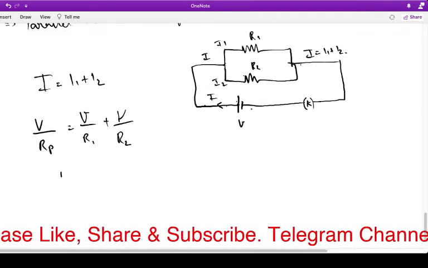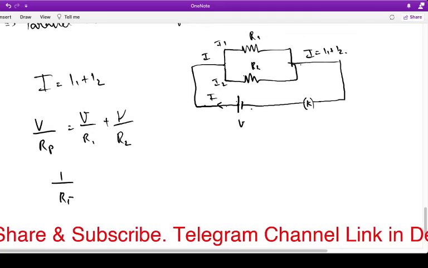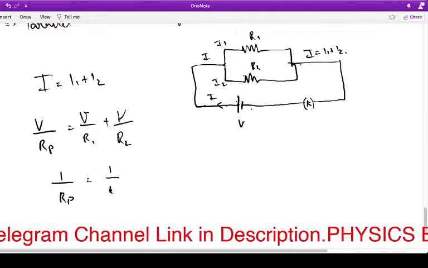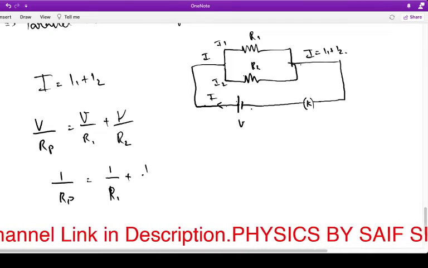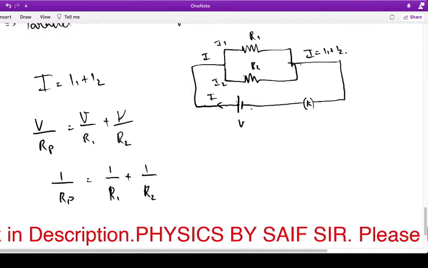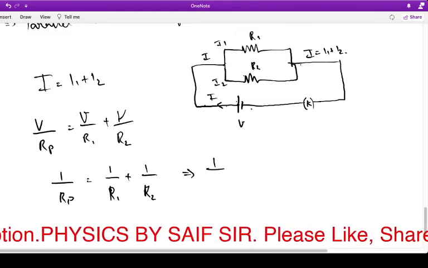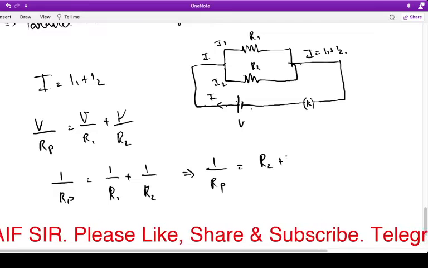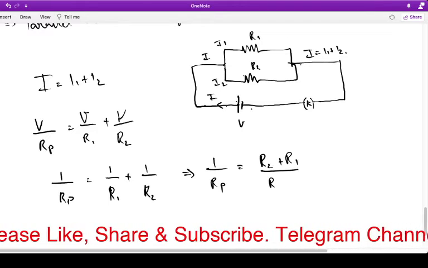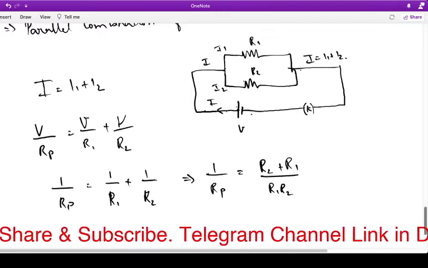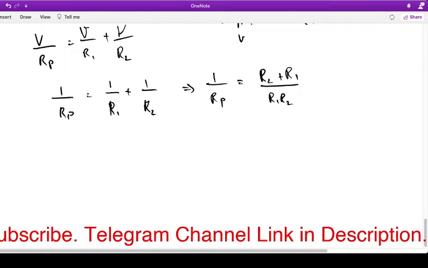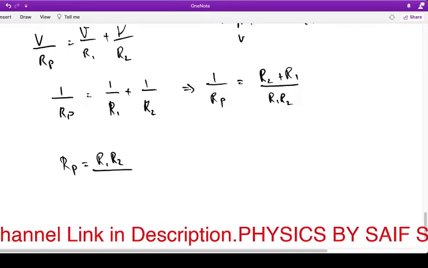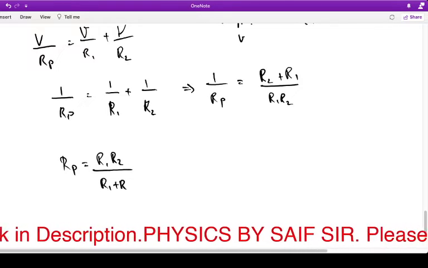So 1 by RP is equal to 1 by R1 plus 1 by R2. Now solve it. 1 by Rp is equal to (R2 plus R1) by R1 R2. So cross multiply. So final Rp is equal to R1 R2 by (R1 plus R2).